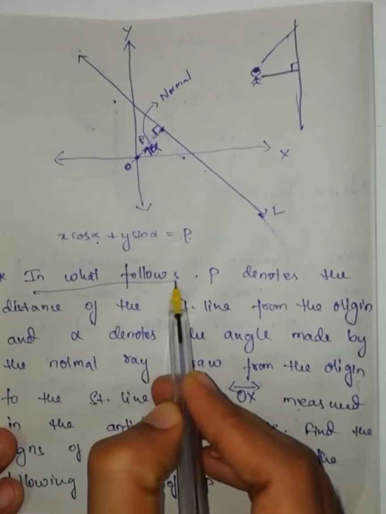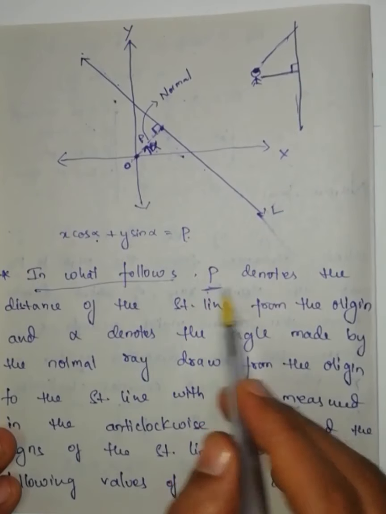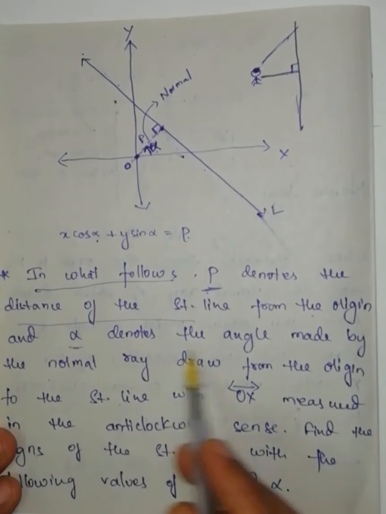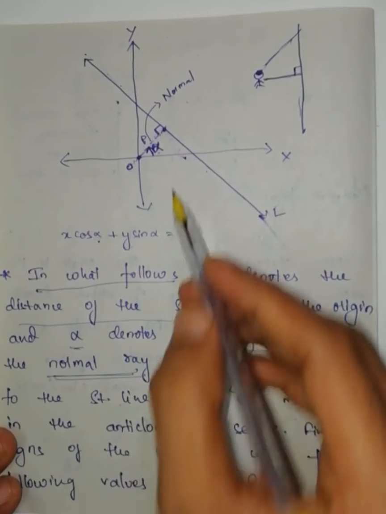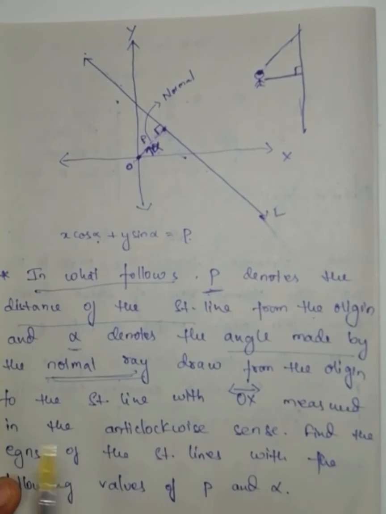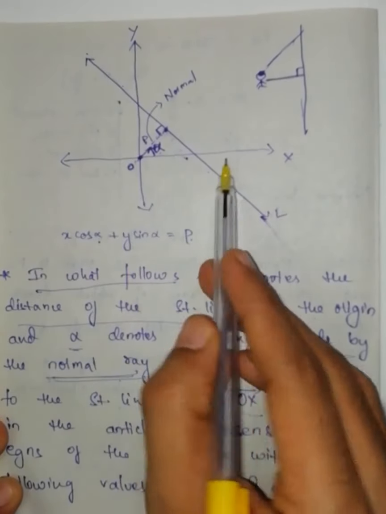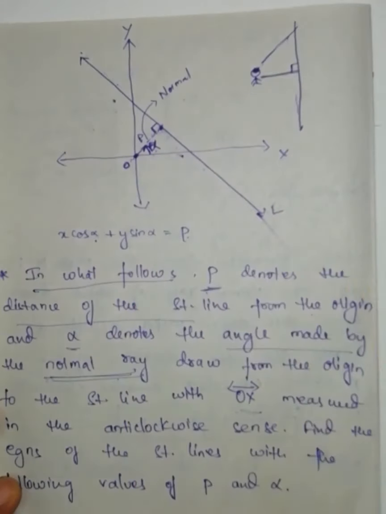Now, what is given in the question? In what follows, what is P? P is the distance of the straight line from the origin, and alpha is the angle made by the normal ray. Normal means this one, the normal ray drawn from the origin to the straight line, with OX, which means this one, measured in the anti-clockwise sense. Anti-clockwise sense means counter-clockwise direction, this direction.